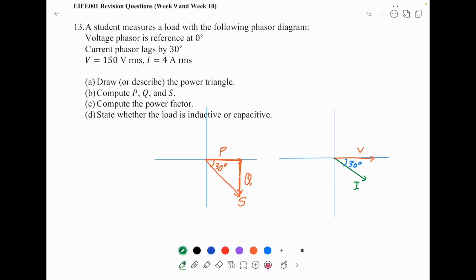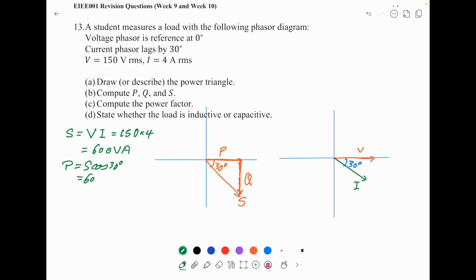By definition, apparent power S is equal to root mean square value V multiplied by root mean square I. So it is 150 times 4, and it is equal to 600 VA. The real power P is S cosine 30 degrees.